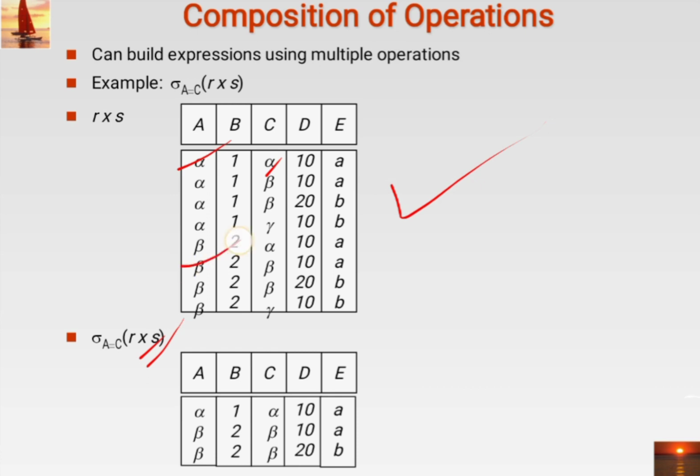Here I am having beta, beta, beta, beta, right? So these three tuples will be there. This is the composite kind of query.